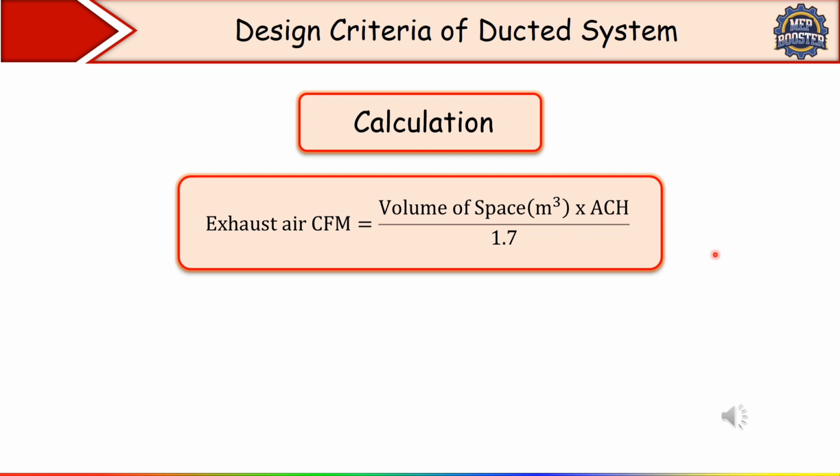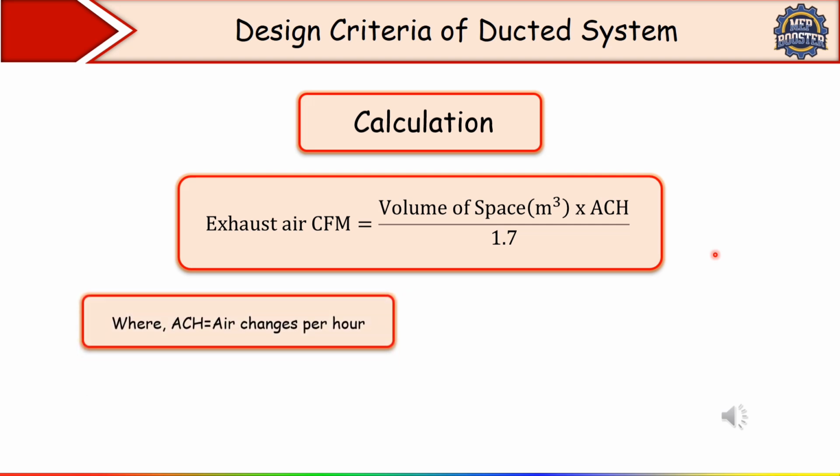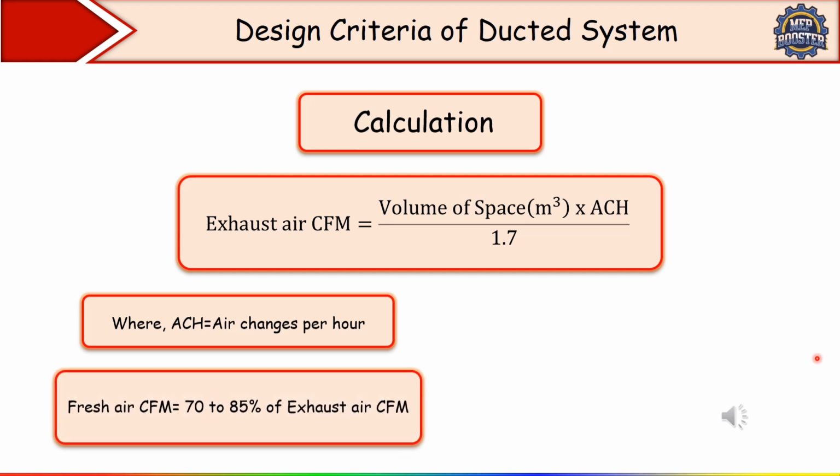Now if you are exhausting air, what happens? In the basement the oxygen level will go down. So how to maintain the oxygen level? Here it is written, where ACH is air changes per hour. We have to supply fresh air also into the basement to maintain the oxygen level or to improve the indoor air quality.